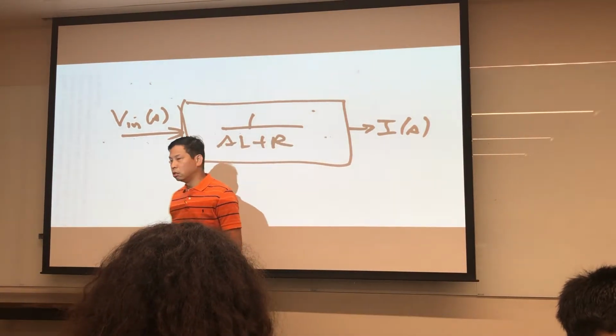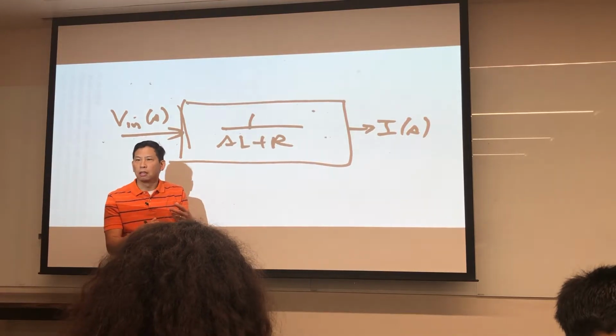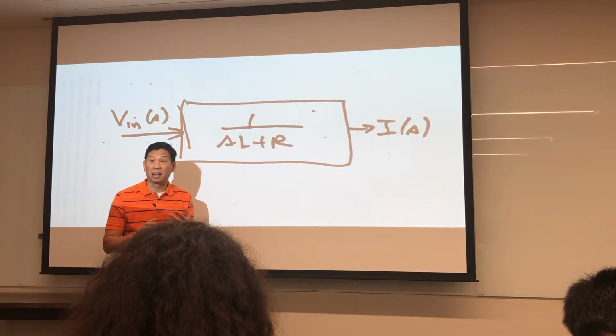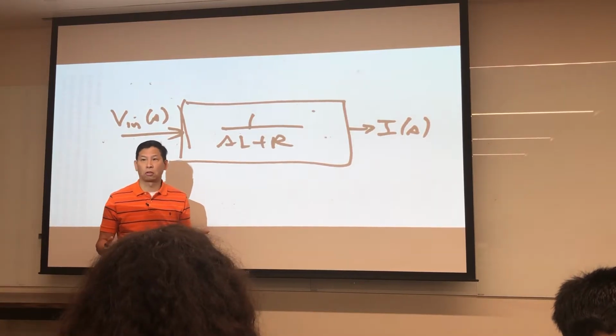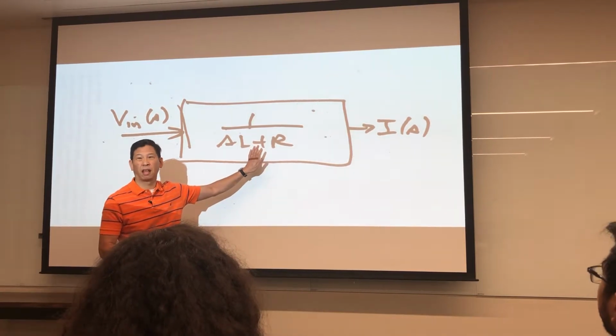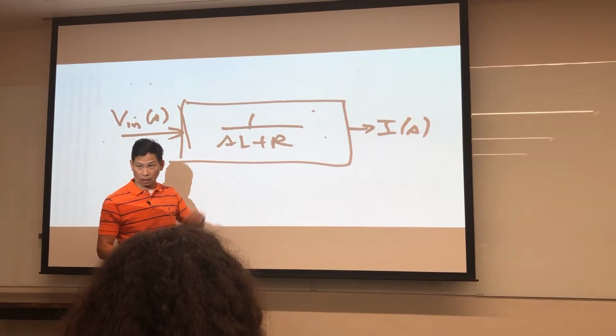So what's behind this box? It's that circuit. It has a resistor and an inductor. That's a bunch of symbols. We could have described that circuit with differential equations, other equations, but this is just a language that we, as electrical engineers, understand.